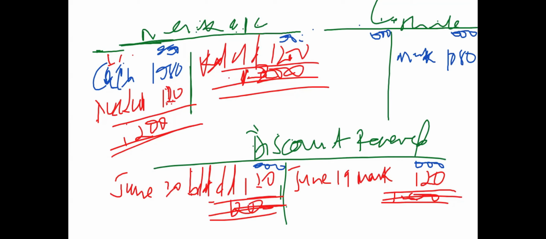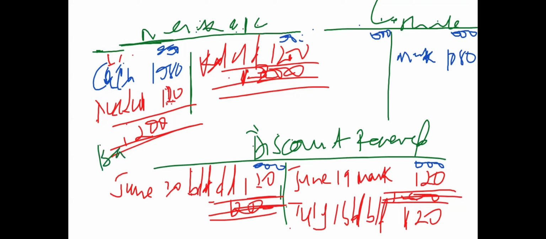So we come to the other month, July 1st, balance brought down over 120. Then we also close off this. Of course, this one is going to have a balance brought down here. Balance brought down is going to be 120 here. So we can close off this as well.